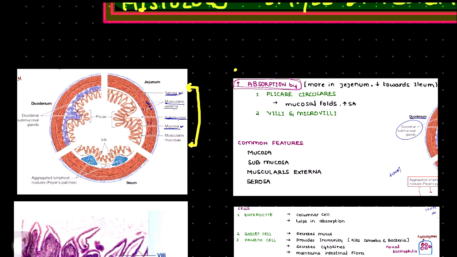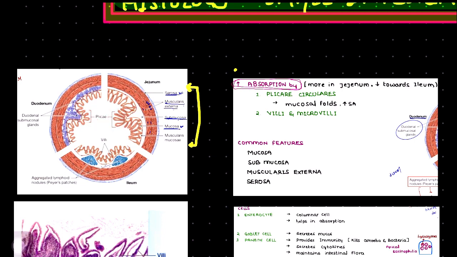These are circular mucosal folding of the mucosa, and they have the same function, increasing the surface area. So these are all the plicae circulares.